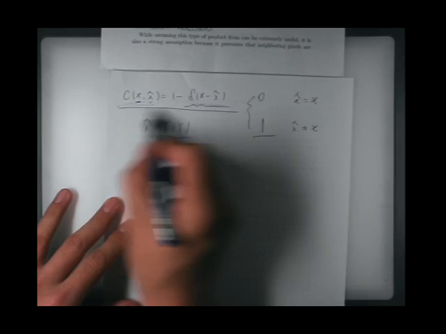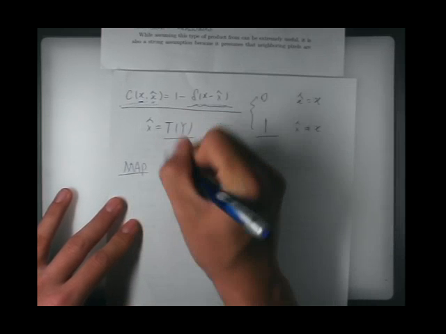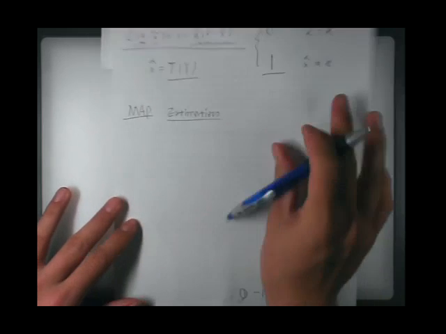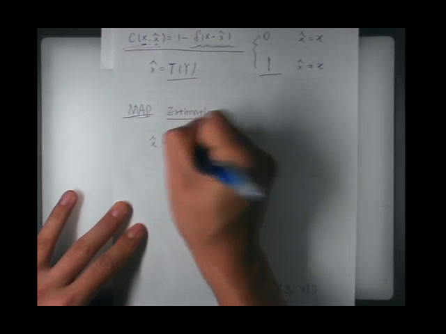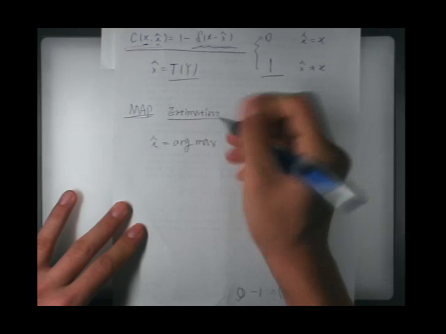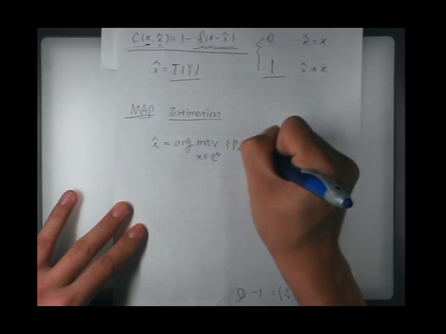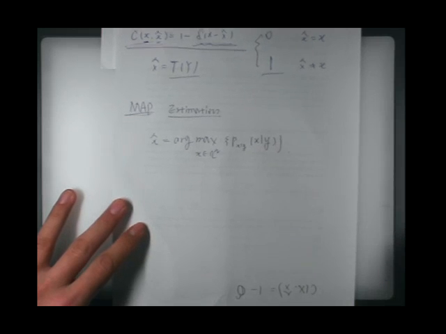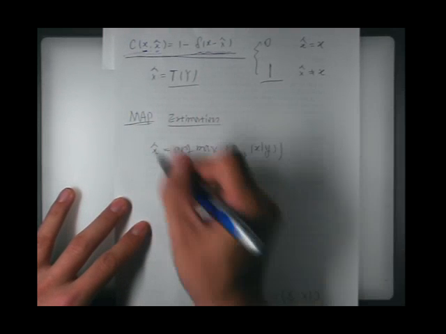And with this cost function, we can derive the MAP estimation. The MAP estimator is defined as follows. How can we derive this estimator from this cost function?